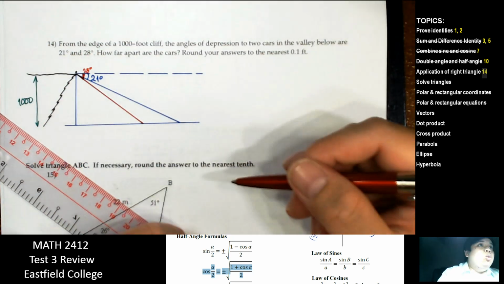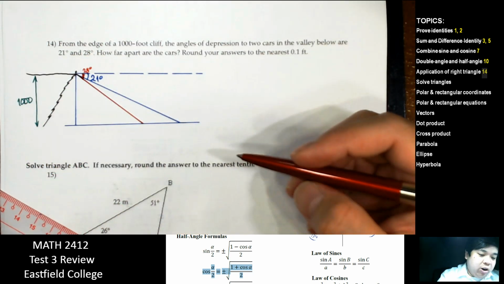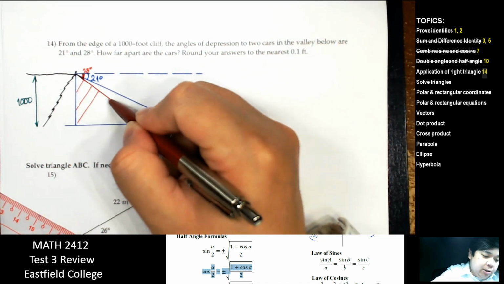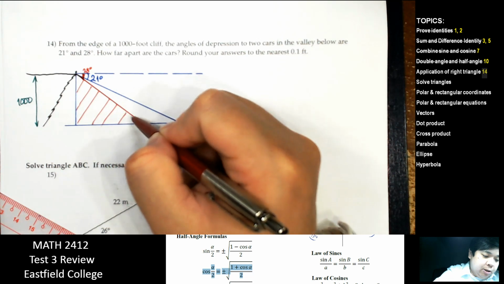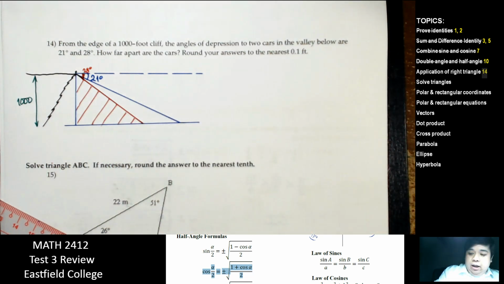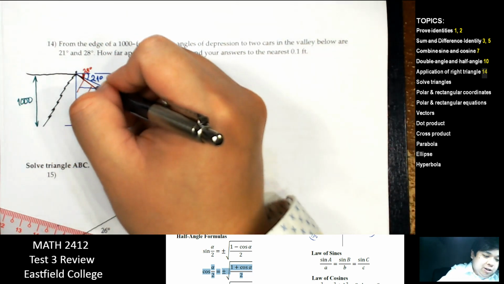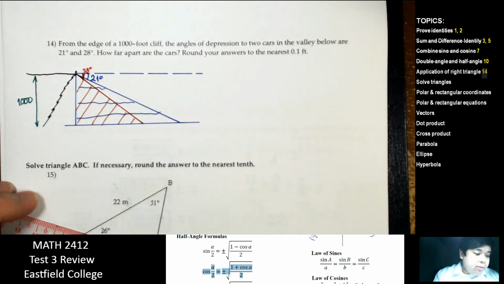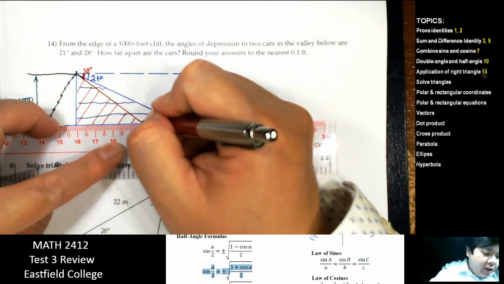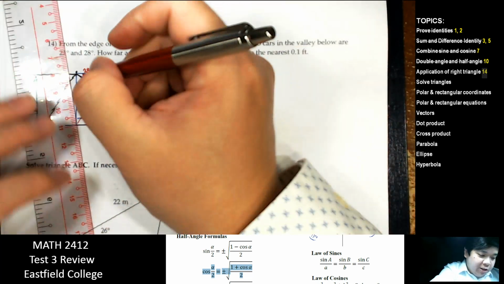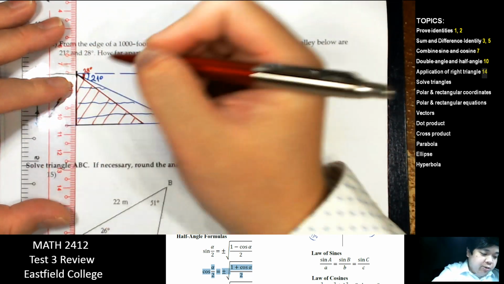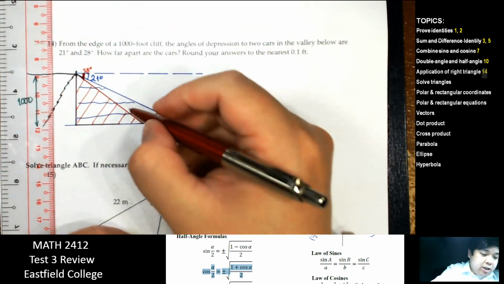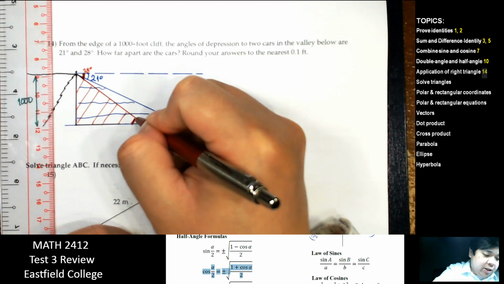So we have 2 triangles, the one in red and the one in blue. First, if we look at the red triangle, a right triangle, we need to determine that this angle here is 28 degrees, this also 28 degrees.